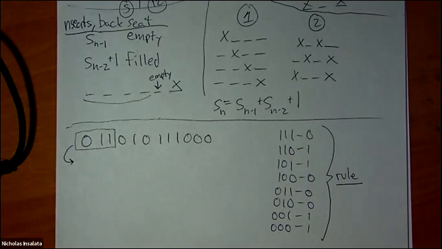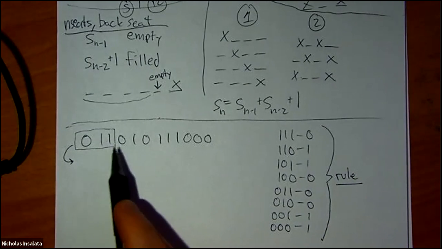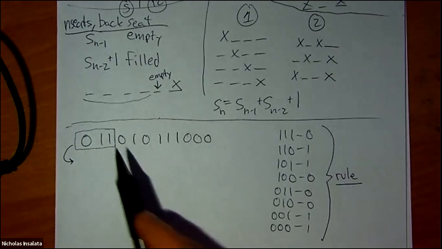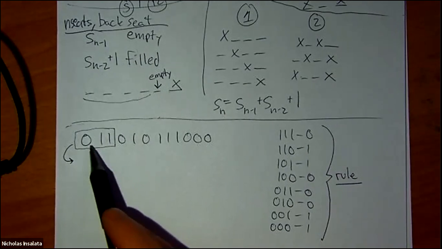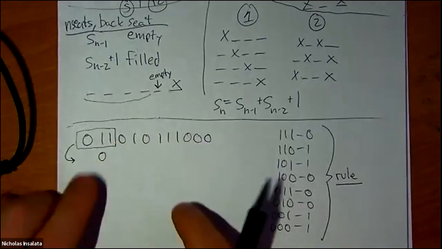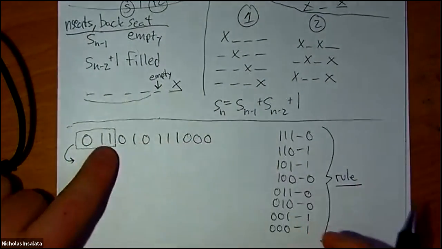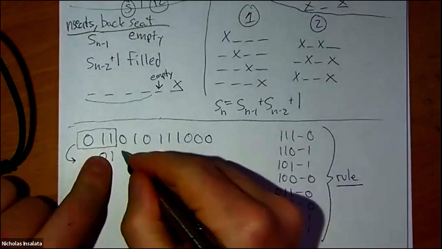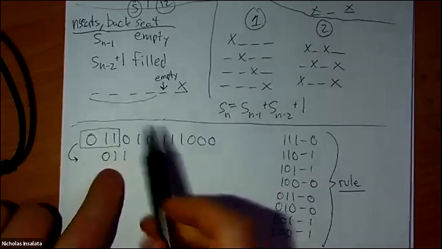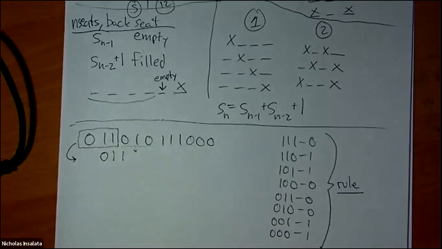Okay, now what you do in building the next row is look for each one of these patterns, consult the rule, and find which new cell to put in. So for 0, 1, 1, we have a 0 that's supposed to go there. Next, we have 1, 1, 0, which is supposed to be a 1. 101 is a 1. 0, 1, 0, what should we get for the next one?